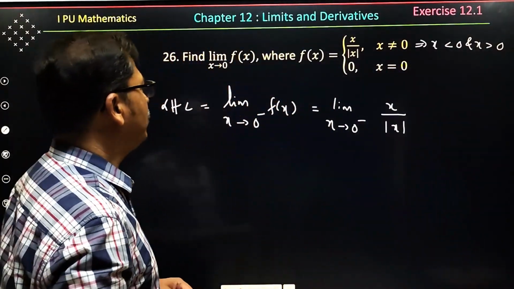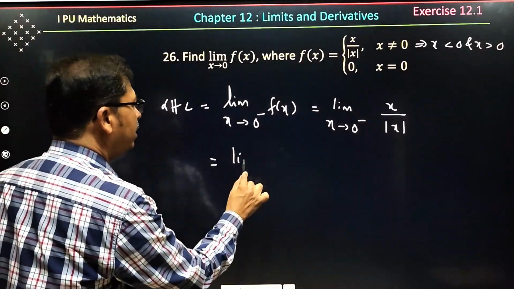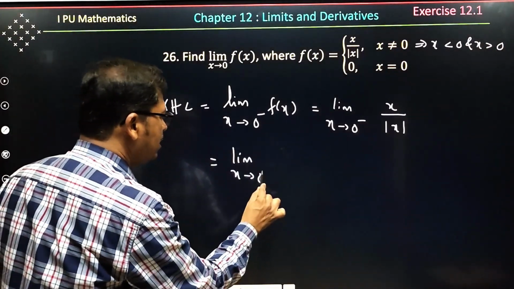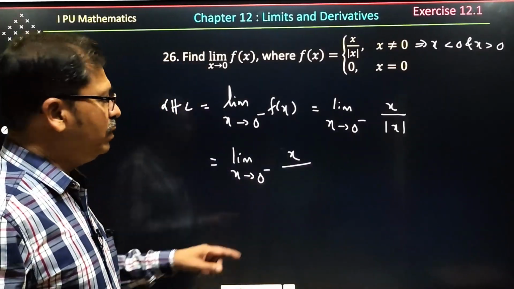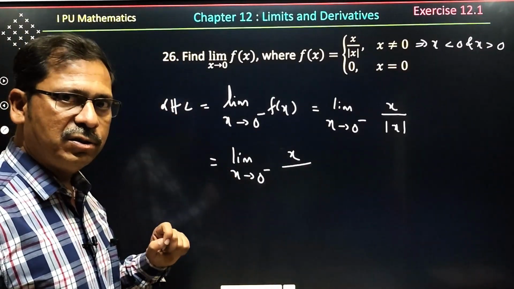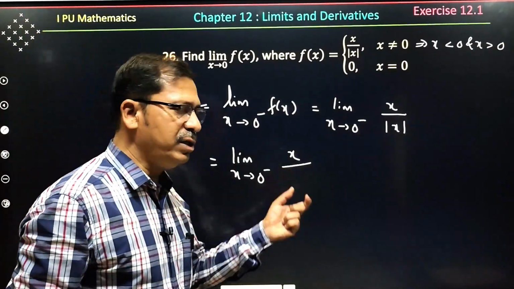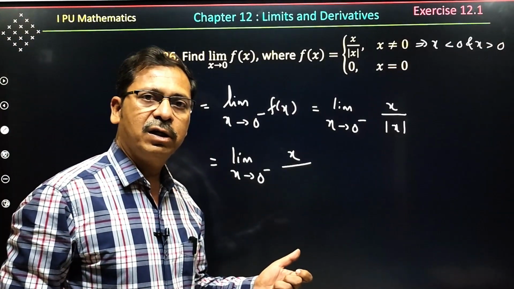Okay. Now this is equal to limit x tends to 0 minus as it is, x also as it is. What to write for mod x equal to? x tends to 0 minus means less than 0. When x is less than 0, mod x equal to what will you write? Come on.